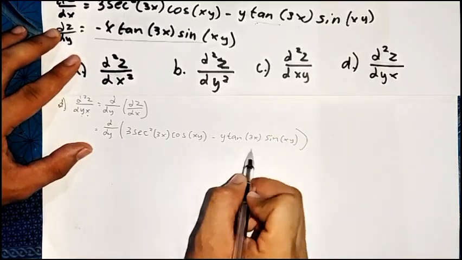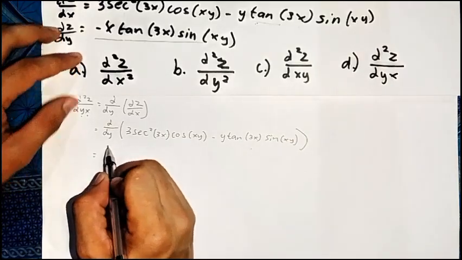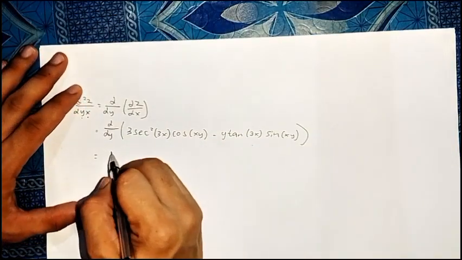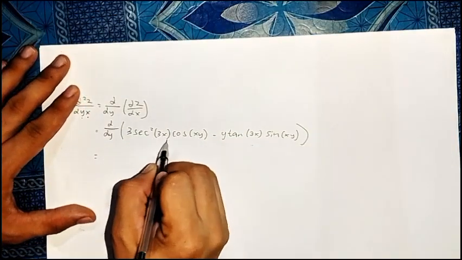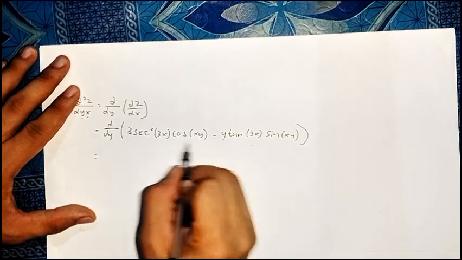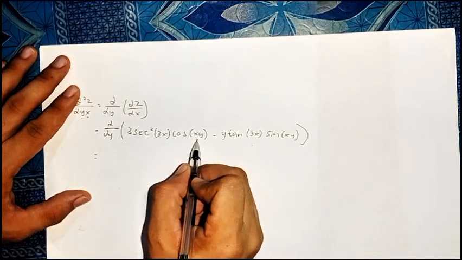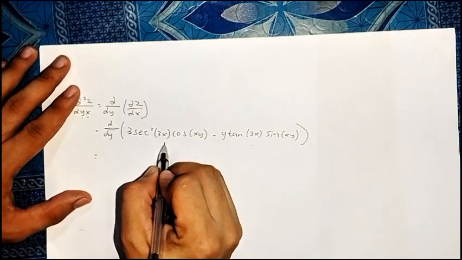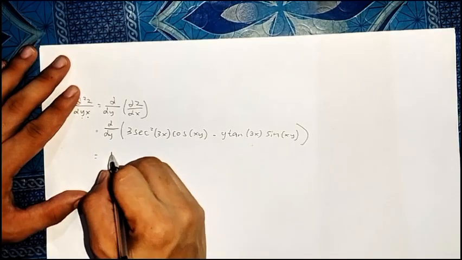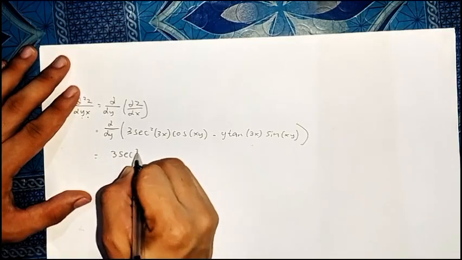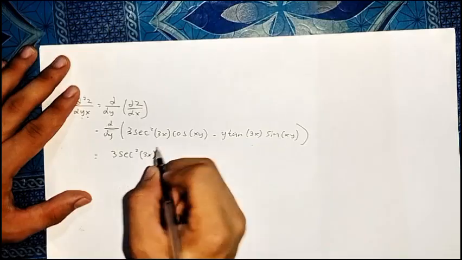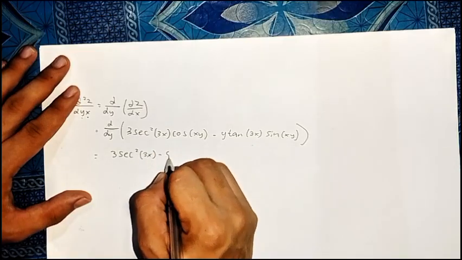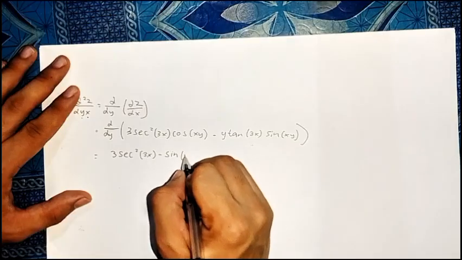Now, let's derive this with respect to y again. Let's start with 3 secant squared 3x cosine xy. As you can observe, cosine xy has the only y, so this one will be constant. So this becomes 3 secant squared 3x. The derivative of cosine xy is negative sine xy.